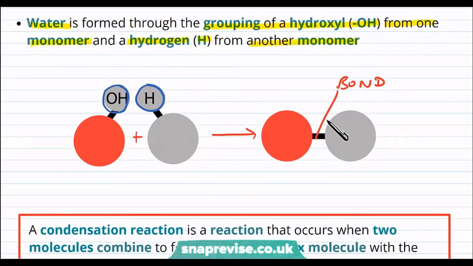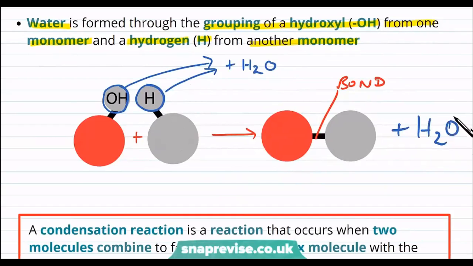But in doing that bond formation, they have to lose these groups because they're in the way. So these snip off and form a water molecule. So you get your dimer which is formed and H2O. So it's the OH of one monomer and the H of another. And you'll find that any monosaccharide or amino acid or individual nucleotides will always have OH and H groups. And looking back on those carbon skeletons of those molecules, you can spot these quite easily.